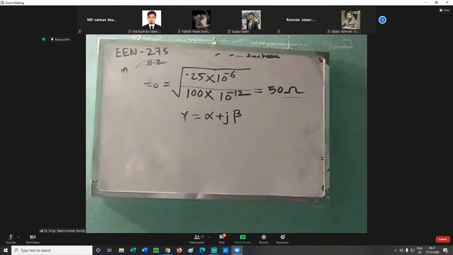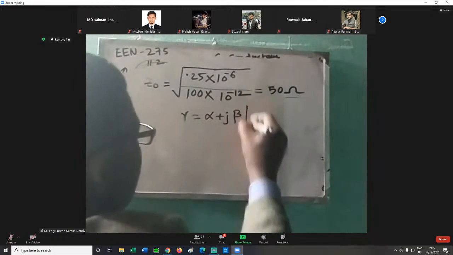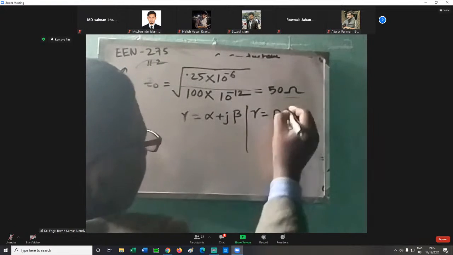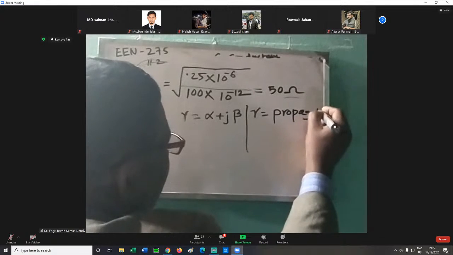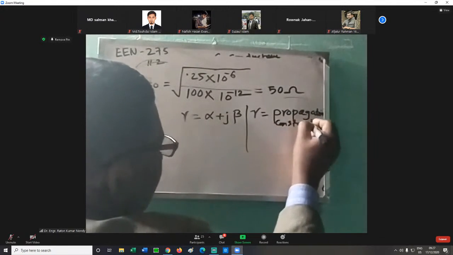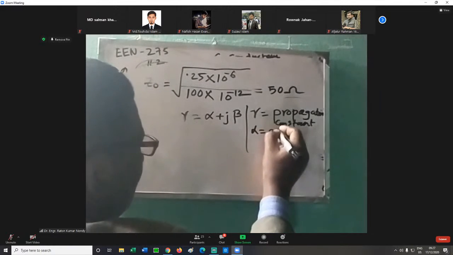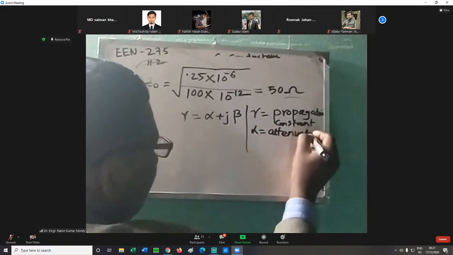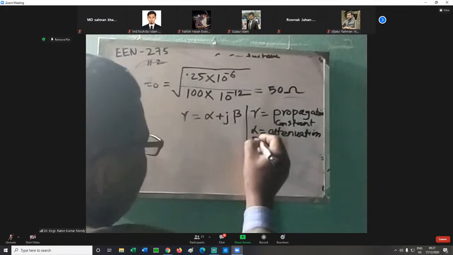Gamma is called the propagation constant. And alpha equal to attenuation, and beta equal to phase shift.